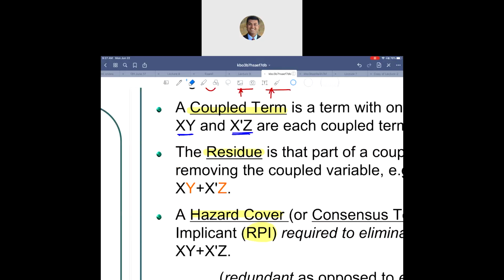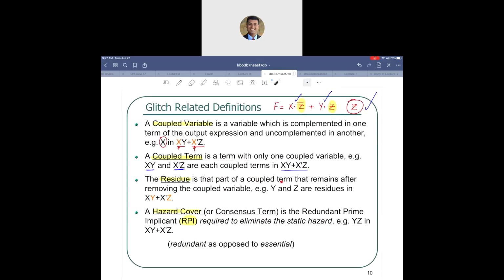Residue is that part of the coupled term that remains after removing the coupled variable. Example, y and z are residues in that. X is the coupled variable, x, y, x complement z, those are coupled terms. Y and z are residues.